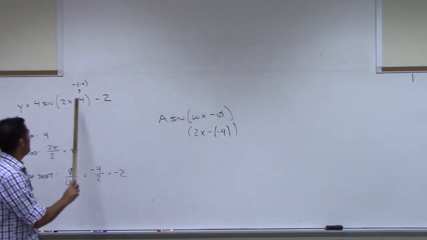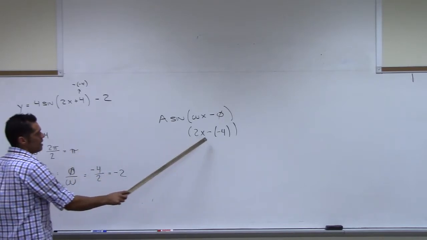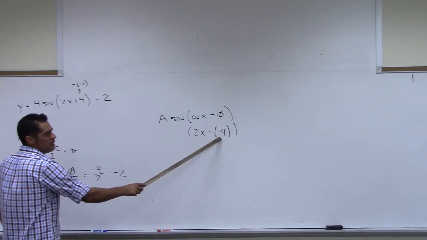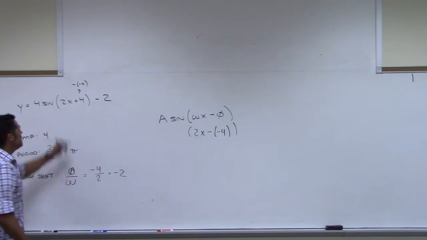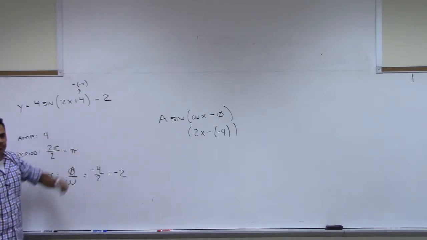It's a plus, right? The only way I can turn that into a minus is if I look at it as a minus minus. So that makes our phi -4. What if this would have been -4? What would phi be? +4, right? So if it's plus, phi is the opposite.